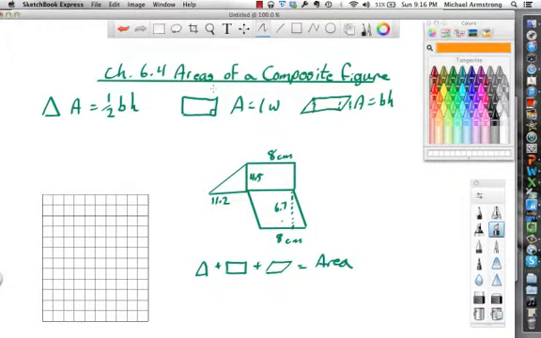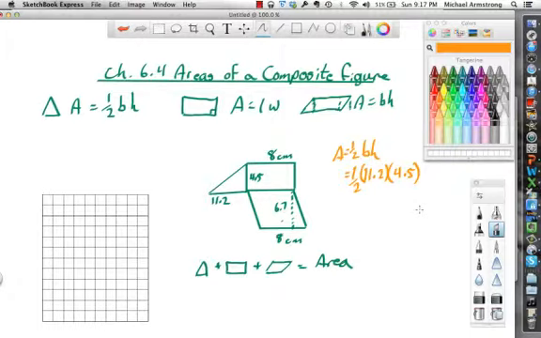If we just do that quickly, the area of the triangle is 1/2 base times height, which is 1/2 times 11.2 times 4.5. Hopefully you can see that. And then you just get your calculator out for that.